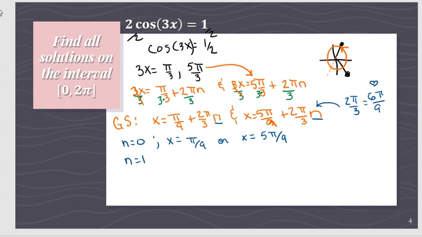Okay, because 6 pi over 9 is exactly the same thing as 2 pi over 3. Okay, and when n is 1, I need to add 6 pi over 9 to the original number 1 time. So that means for this, if I add 6 pi over 9 here, I'm going to get 7 pi over 9.